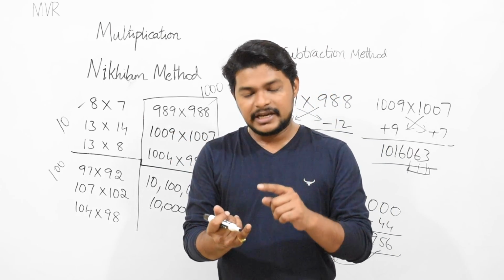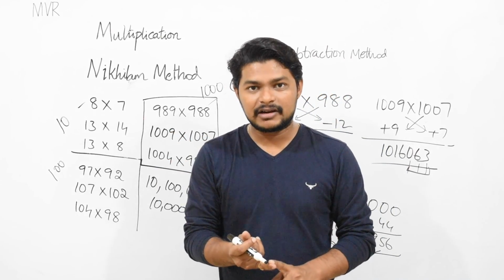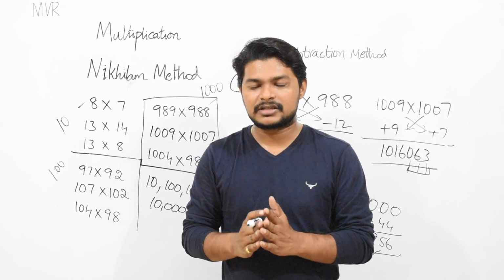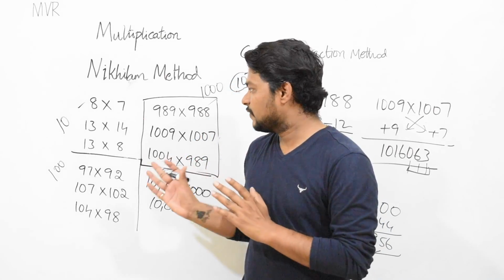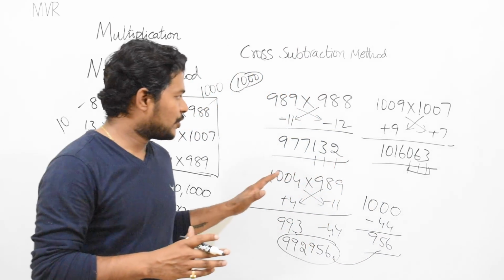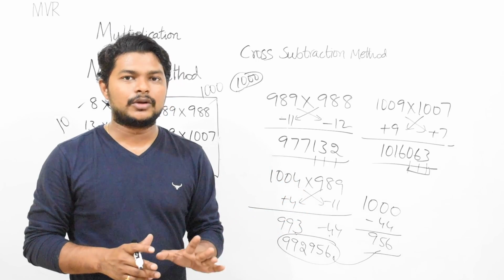Why? Because it enables a student to do faster calculation and to give 100% accurate answers. That is the only reason I am teaching you this. By using this you can multiply any number within no time.